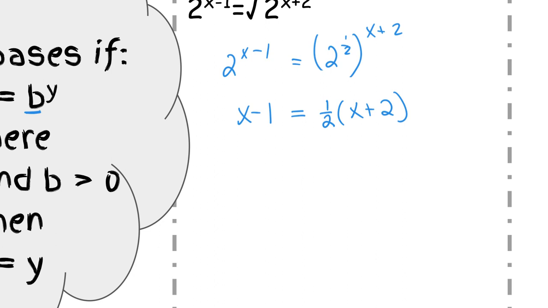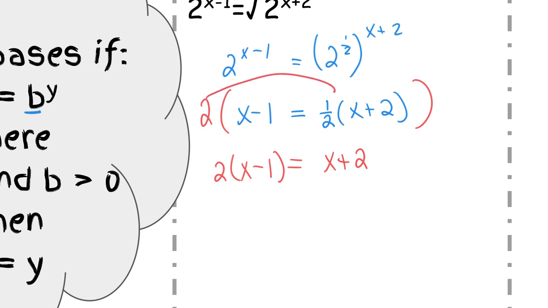Now at this point, you could either distribute the 1/2 or you could make the denominator go away. What do we want to do? So if I make the denominator go away, what am I going to multiply by? 2. So that would give me 2 times x minus 1. And let's see if you can get the right side right. The right side should just be x plus 2.